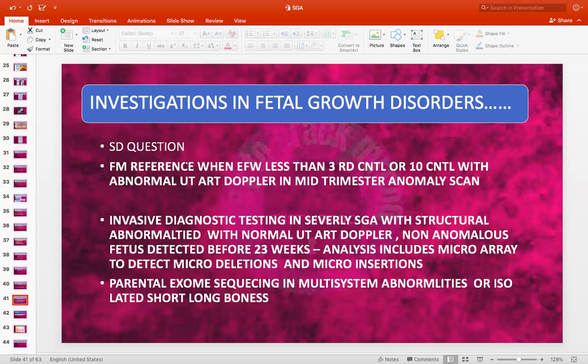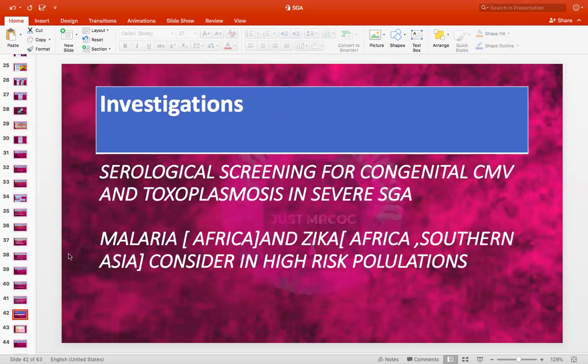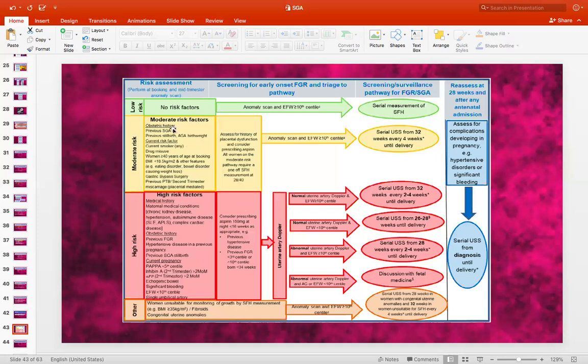So: fetal medicine referral, invasive diagnostic testing, and this. And we offer serial serology for congenital CMV or toxoplasmosis, malaria, and Zika if they are coming from a high-risk population. Now, risk assessment, screening for early onset, and the screening surveillance pathway for it.